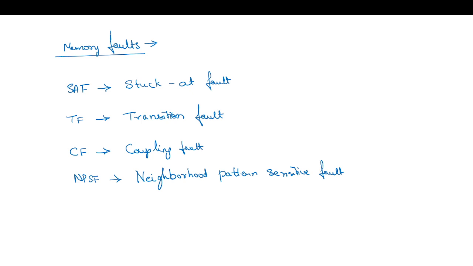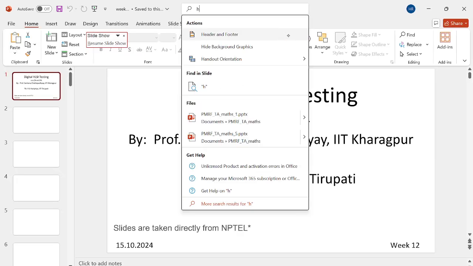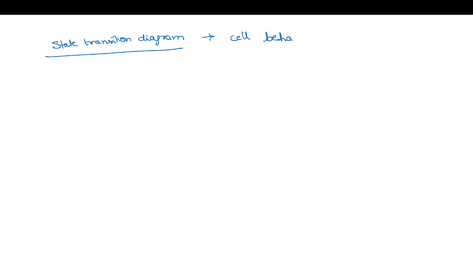So to briefly discuss using some state transition diagram. So let's consider, for instance, the stuck-at and transition faults. To begin, the state transition diagram represents the behavior of the cell.